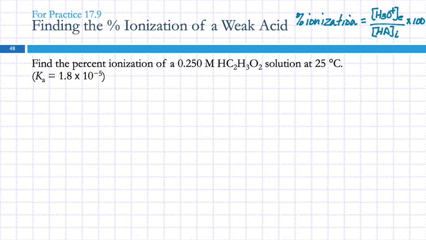Ice, baby. Gotta make another ice table. So here is HC2H3O2. I'm just going to call it HA. And that's in equilibrium with H plus and A minus.